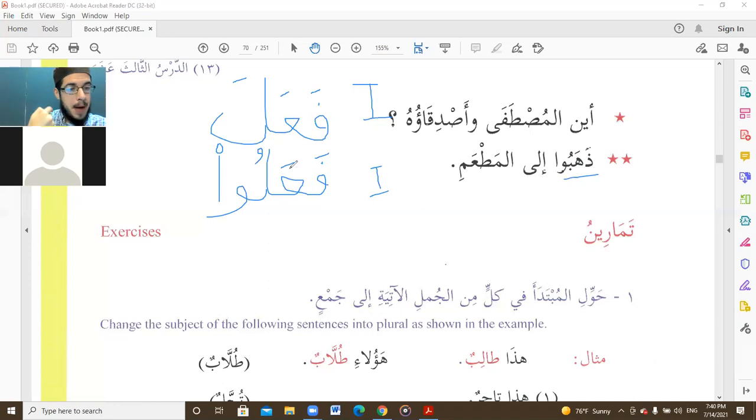And we're going to point back at us when we're talking first person, which means either I or we. So what we've learned now, at least in masculine forms, again, we're going to put feminine forms aside for a second. Dhahaba, dhahabu. Singular, plural. Dhahaba, dhahabu. Fa'ala, fa'alu. And you can take any verb in form 1 and you can do that.